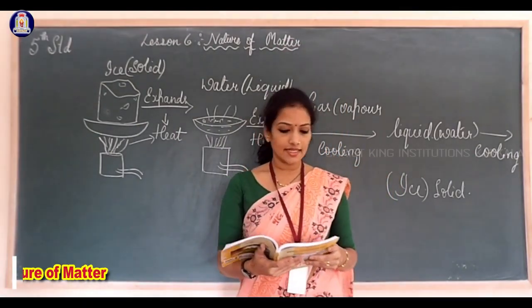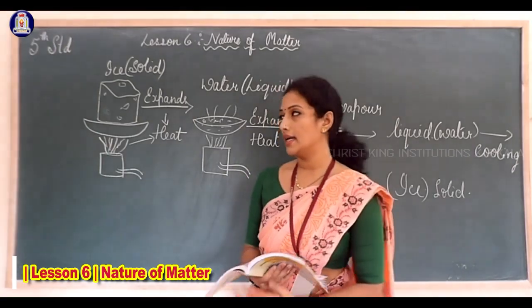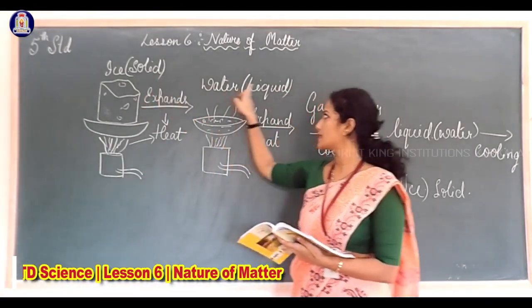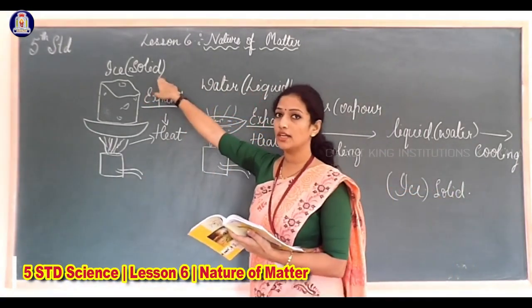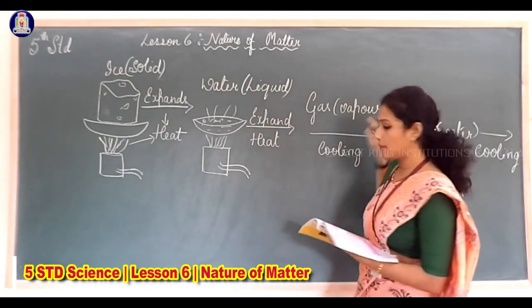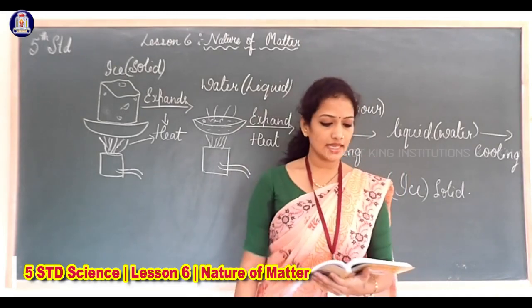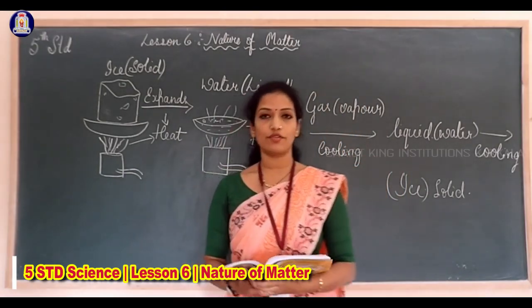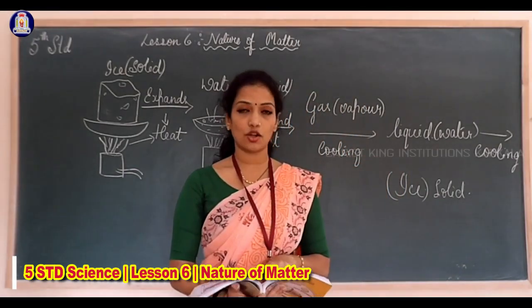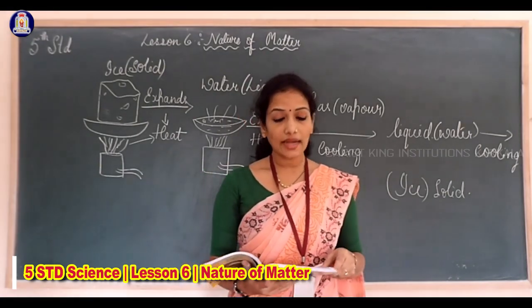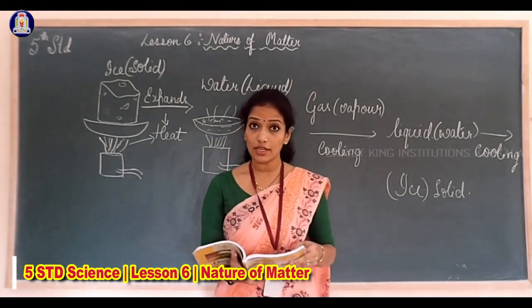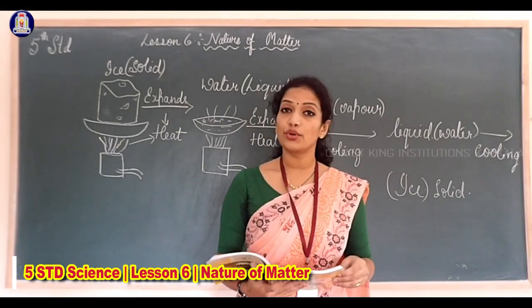Matter changes its state from one form to another, from solid to liquid, liquid to vapor. This is called change in state of a substance. So underline this point: matter changes its state from one form to another due to heat.